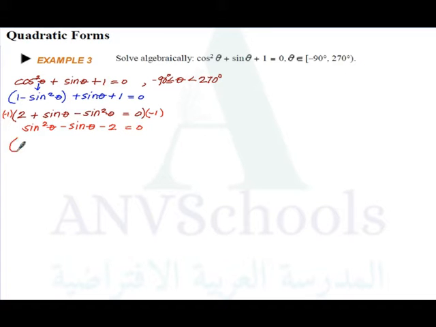And by factorization, this will give us sine of theta minus 2 is equal to 0, and sine of theta plus 1 is equal to 0.